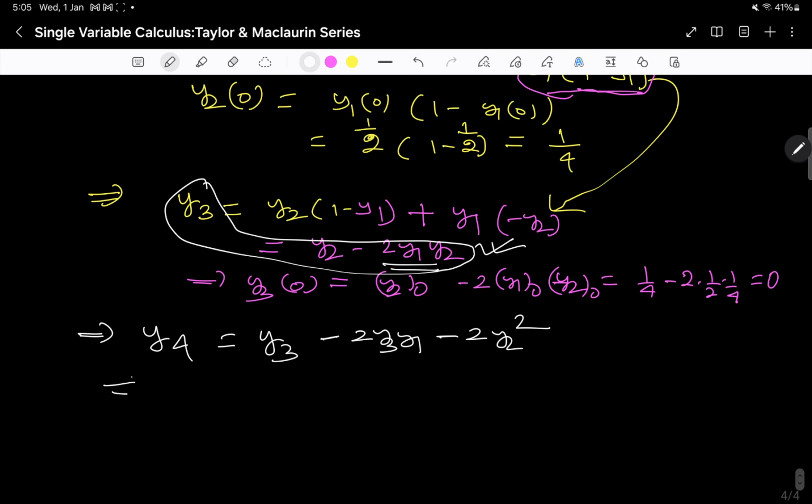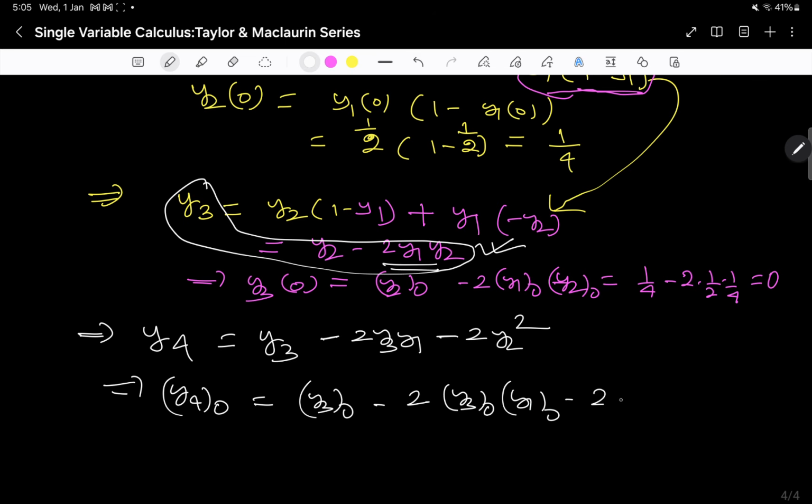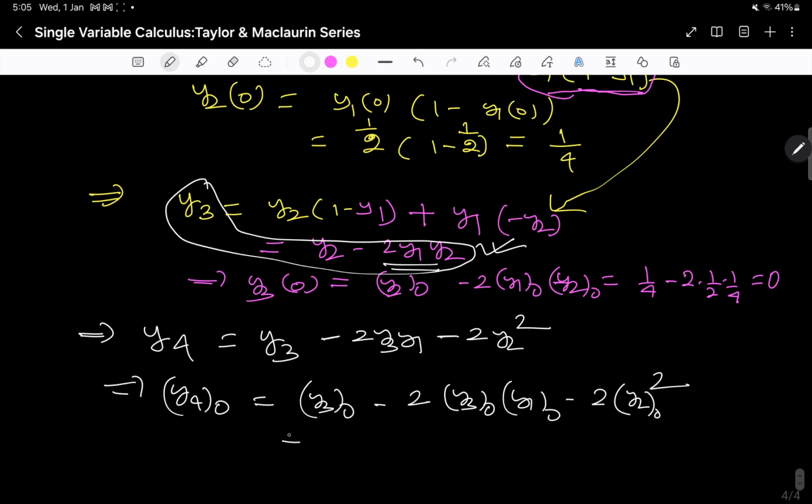So this implies y4 of 0 is y3 of 0 minus 2 y3 of 0 into y1 of 0 minus 2 y2 of 0 square. Y3 of 0 is already 0, so minus 2 into 0, and minus 2 into y2 of 0 square, which is 1 by 16, gives minus 1 by 8.